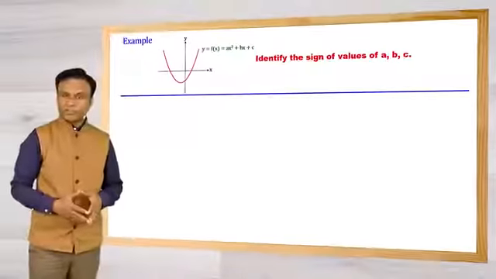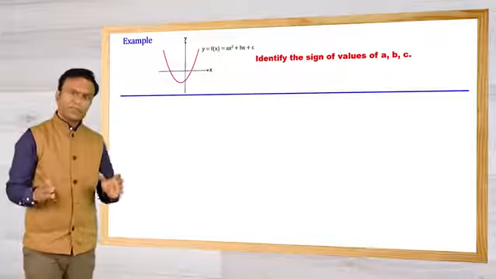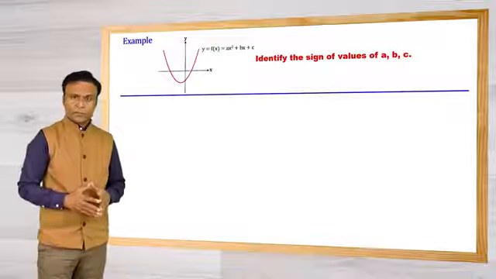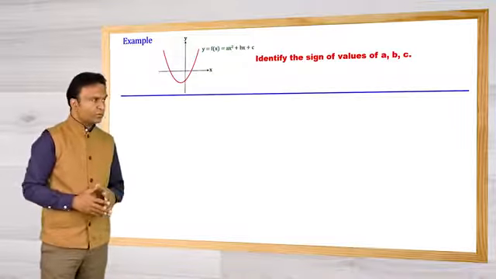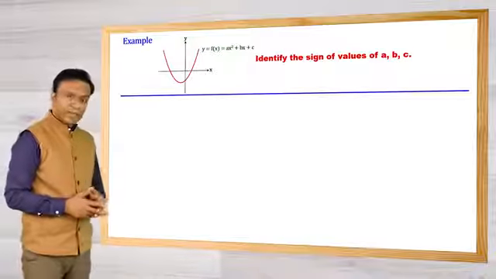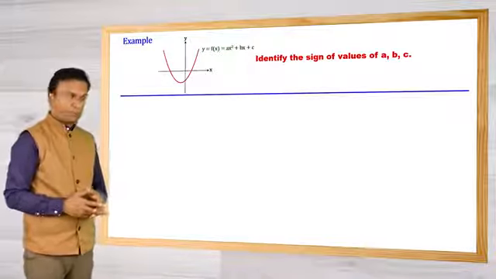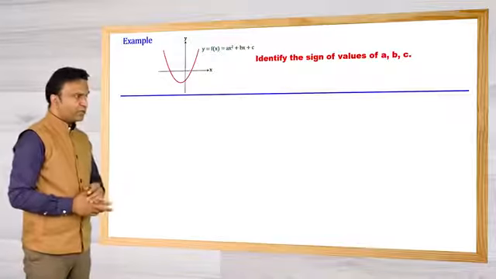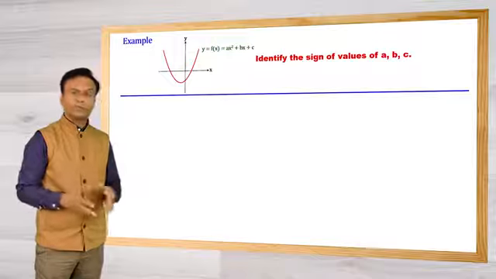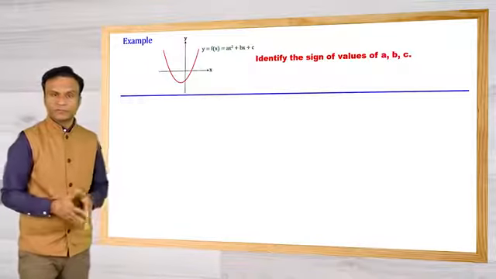Let's try one question which is based on analysis of the graph of a quadratic function. Here we are given the graph of the quadratic function y is equal to f(x) is equal to ax square plus bx plus c. From this given graph, we have to identify the sign of the values of a, b and c.